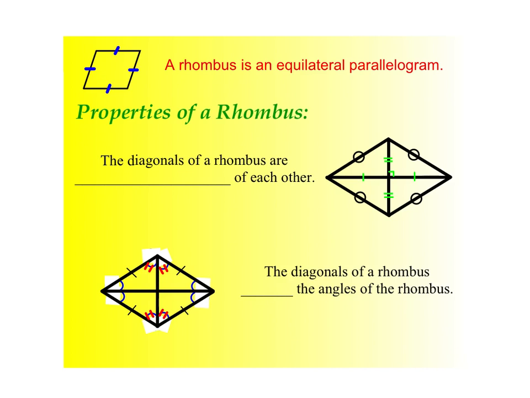The rhombus is an example of an equilateral parallelogram, meaning its sides all have the same measure. Properties of a rhombus. The diagonals of a rhombus are perpendicular bisectors of each other.